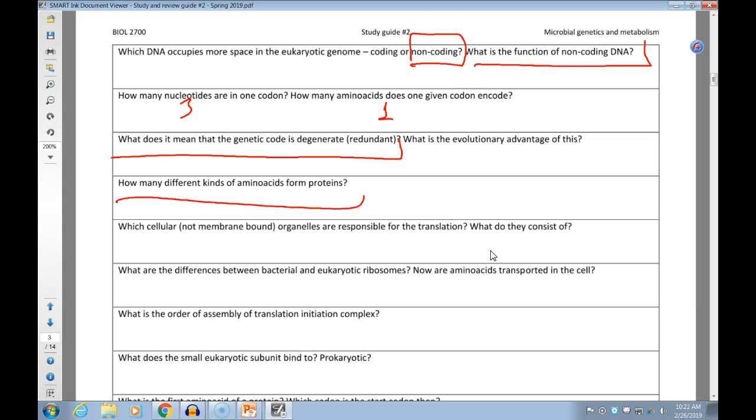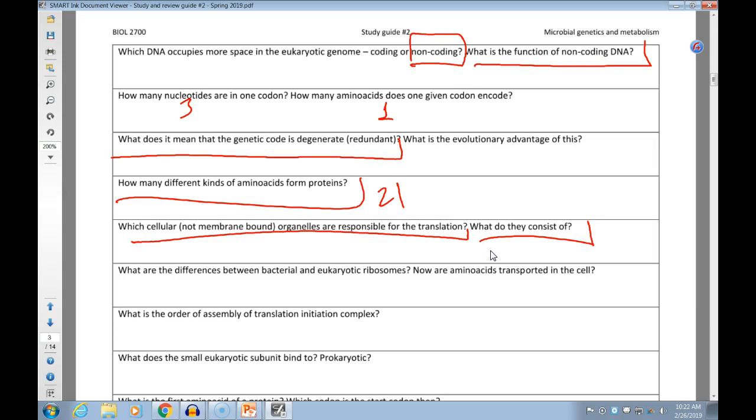How many different kinds of amino acids form proteins? 21. Okay. Now, translation occurs on the ribosomes, which consist of protein and ribosomal RNA, rRNA.